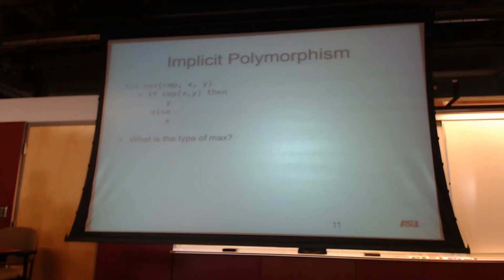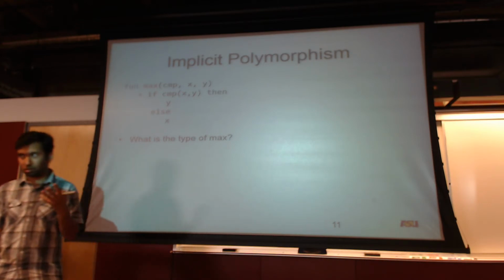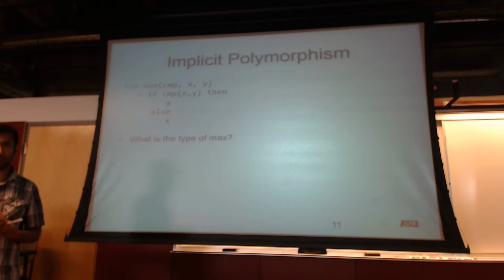Compare, remember, will take two variables of the same type. It cannot compare two different types of variables. It will take two variables of the same type and give 1 or 0 as output. If it's less than, then it takes two integers and says 1 or 0: if x is less than y, it gives 1, if not 0.